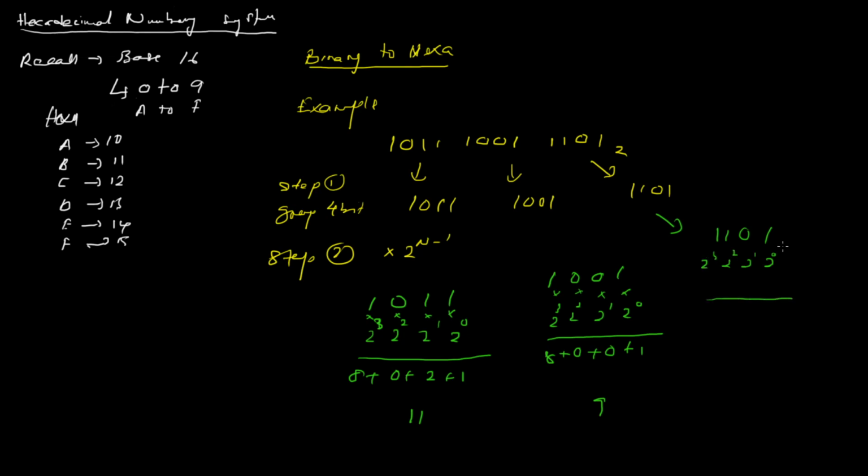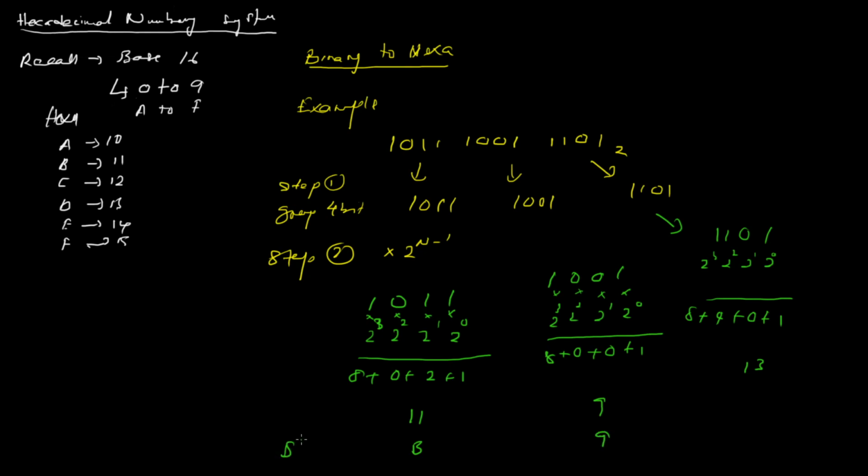If you multiply, you're going to get 1 plus 0 plus 4 plus 8, which is 13. Recall these alphabets: 11 should be B, and this is still 9 in hexa.